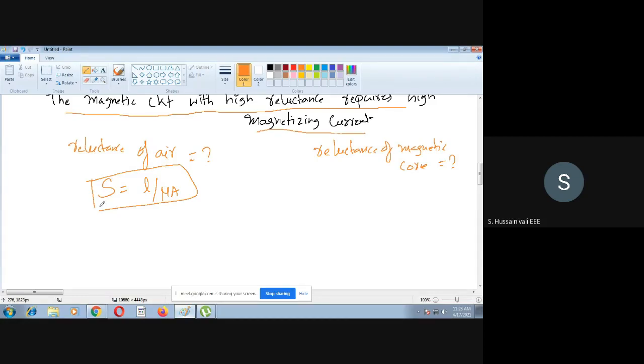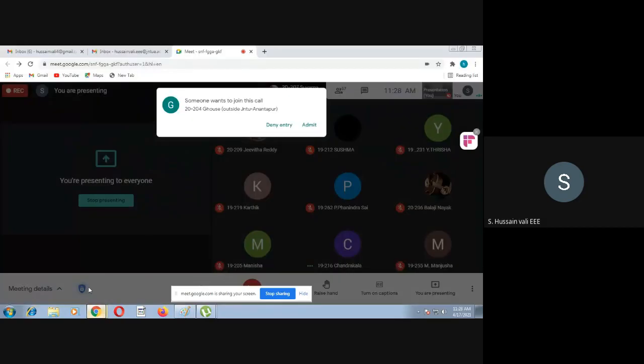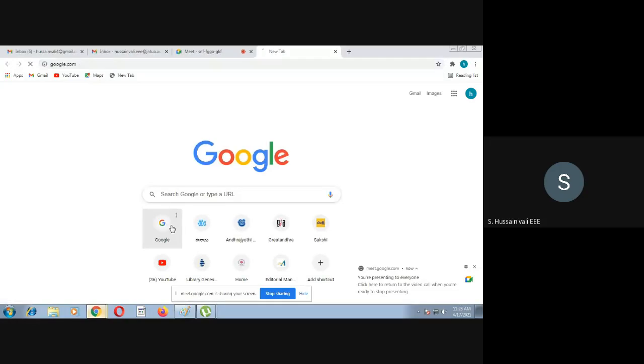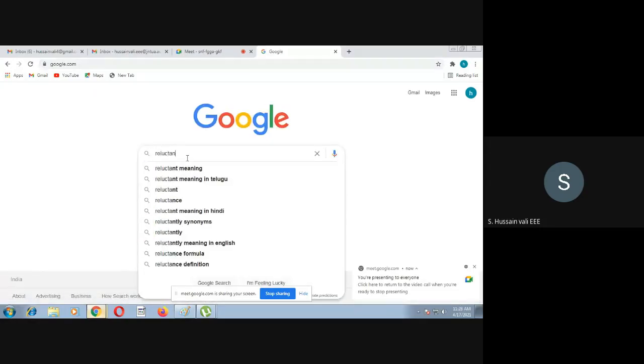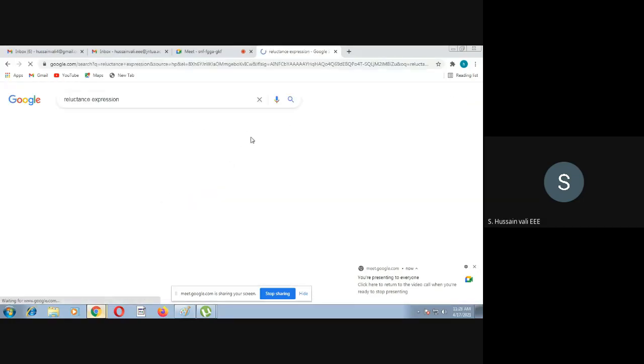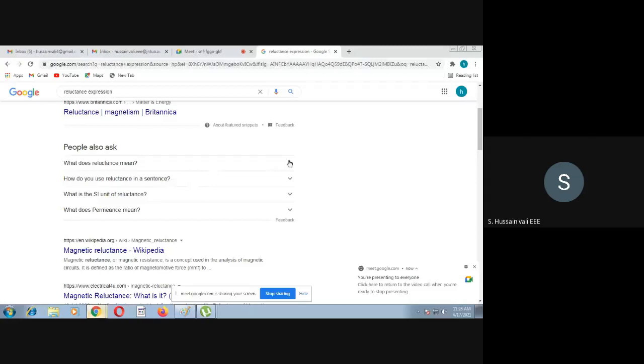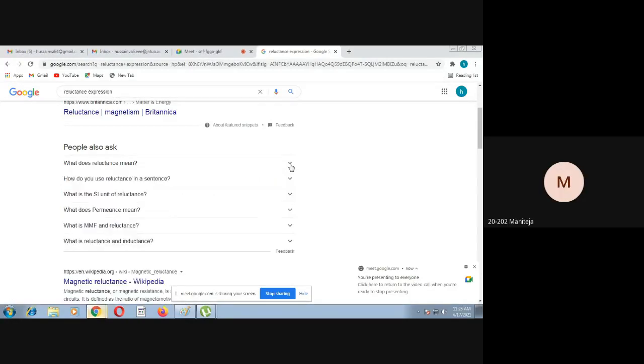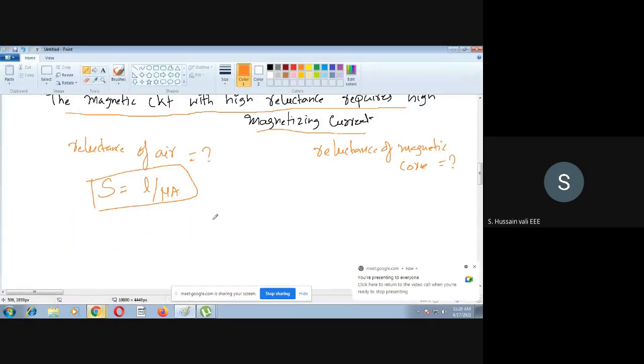We will just cross check this, because we may get wrong conclusions if we take a wrong equation. Is it correct? Anyone can say that? It is correct. So I think some of you also are agreeing with this equation. So S is equal to L by mu A. This you might have studied.